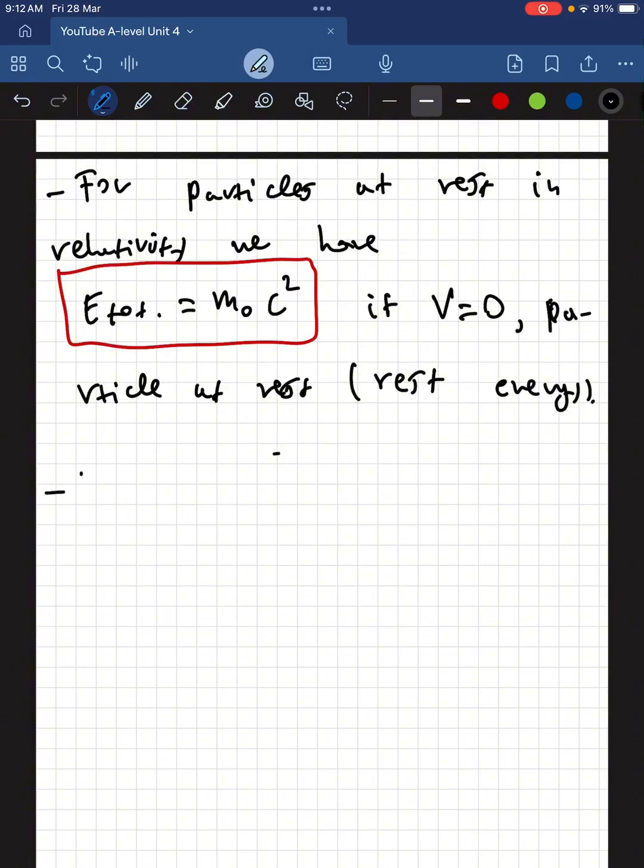Now, for particles in motion, the total energy is equal to gamma mu naught c squared.